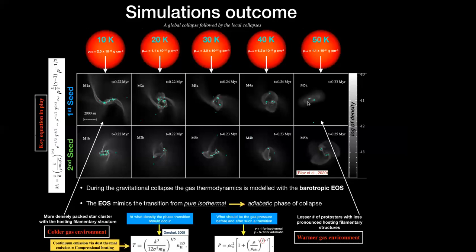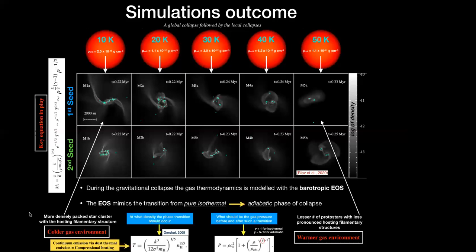What you notice is that if the 10 Kelvin gas collapses, it forms quite a pronounced filamentary structure, and it also gives rise to quite a number of protostars. But when you compare the warmest of the cores, it can be seen that there are very few protostars forming, and the filamentary structure is also not very pronounced.